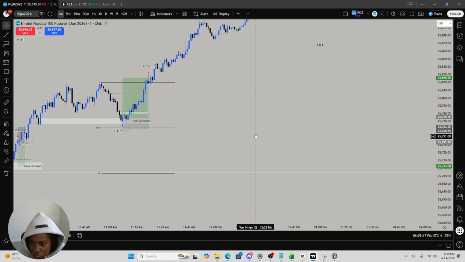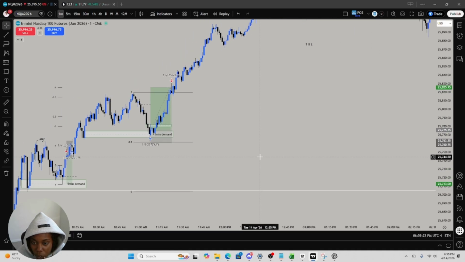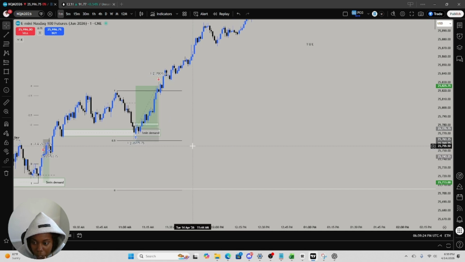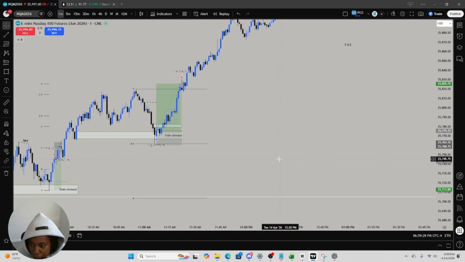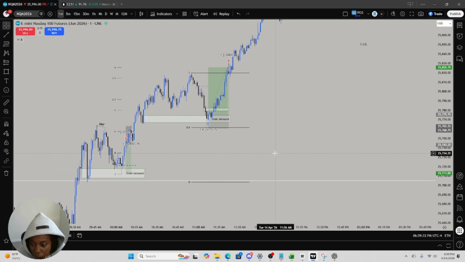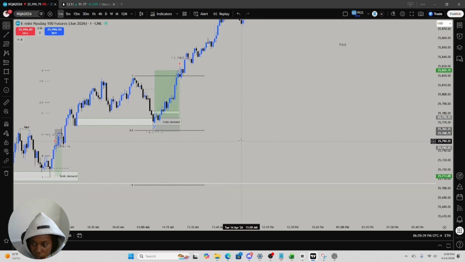And sometimes it is harder because these candles are playing out in real time, and now we're able to look back and be like, dang, I had so many wild moments today. But yeah, we came into this 1 minute demand. Not only that, I wanted to see the whole range of this bullish leg here.